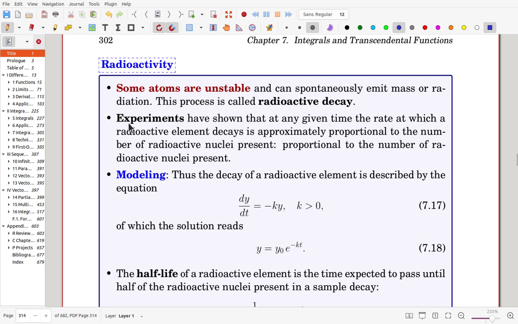Now, from experiments, we know that it's quite well approximated by such a model, which means that the rate of the decay is proportional to the quantity. Okay, so we can write this model, and of course we can solve it this way, so that radioactive decay can be modeled in this way.